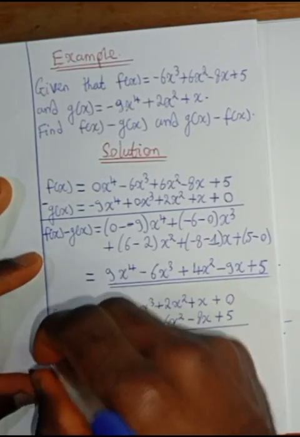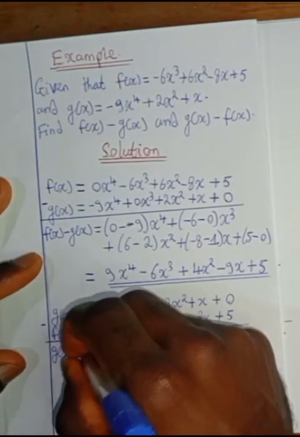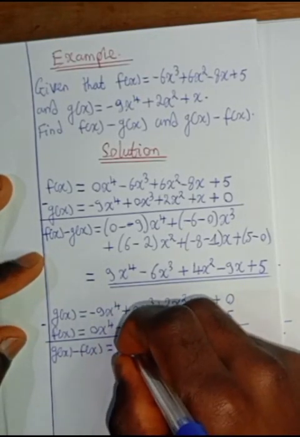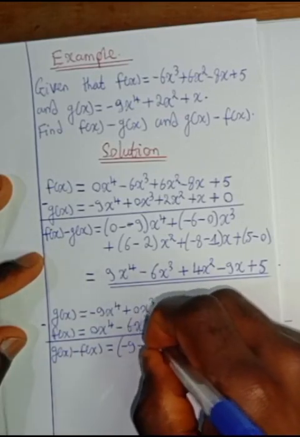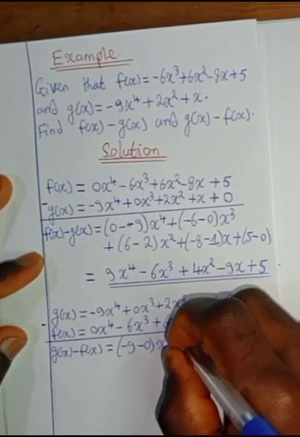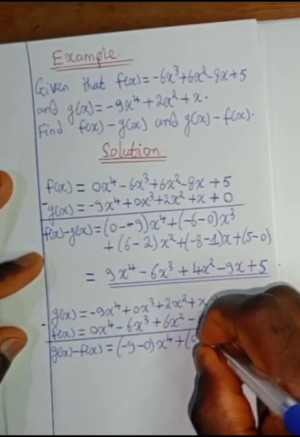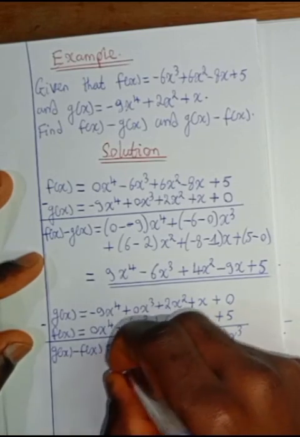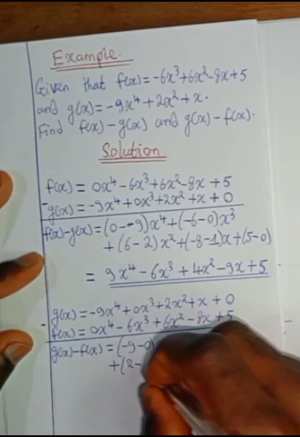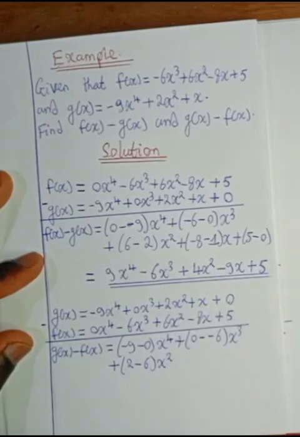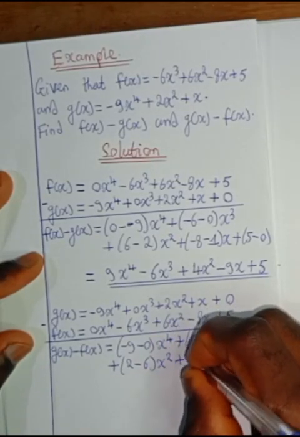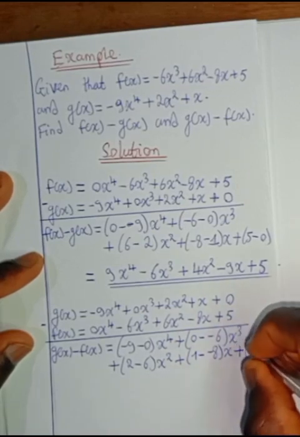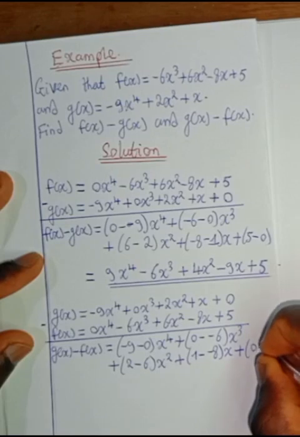The subtraction sign, we have g of x minus f of x. This will be equal to, we are going to take negative 9 minus 0, we multiply by x to the power 4, plus take 0 minus negative 6 times x cubed, plus, next we take 2 minus 6 multiply by x squared, plus we take 1 minus negative 8 we multiply by x, plus we go down to the constant terms, we take 0 minus 5.